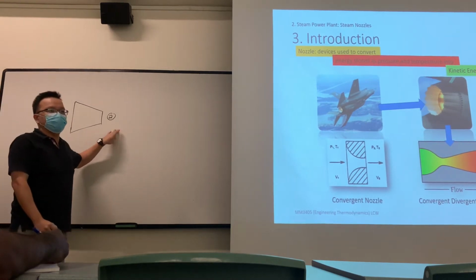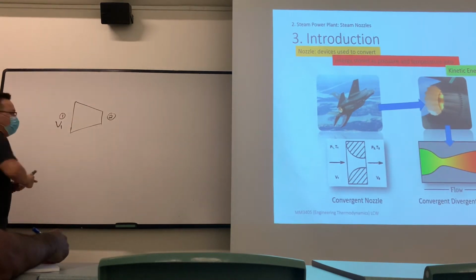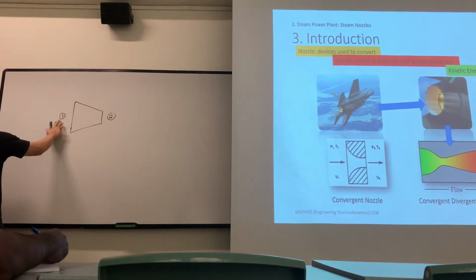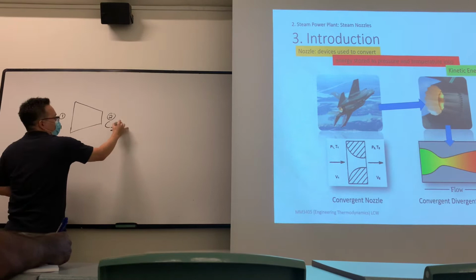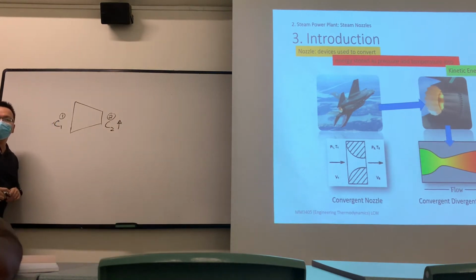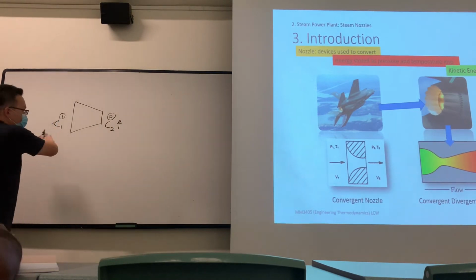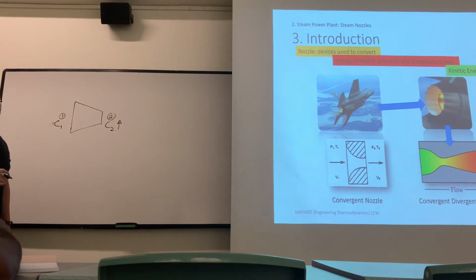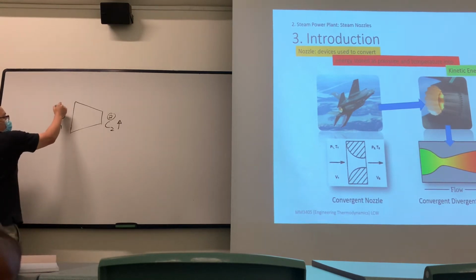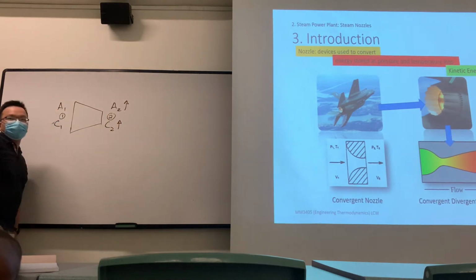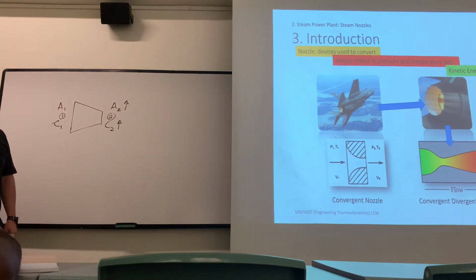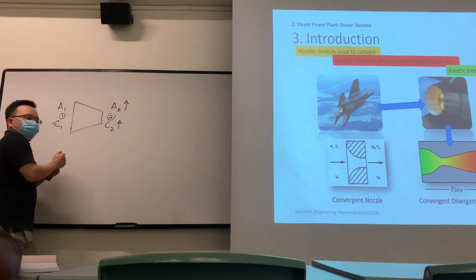Come out, what is the speed, higher or lower? Higher. Careful, C2, so C2 higher. Clear? So this is your area 1, area 2. Obviously area 2 is lower.